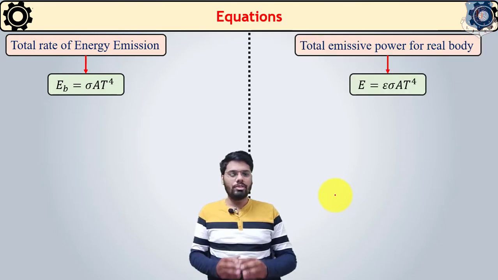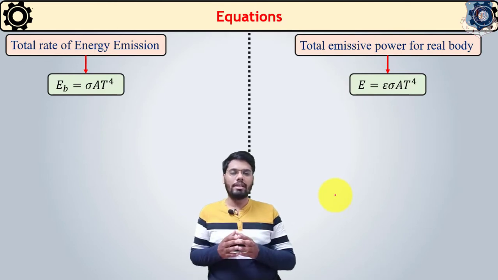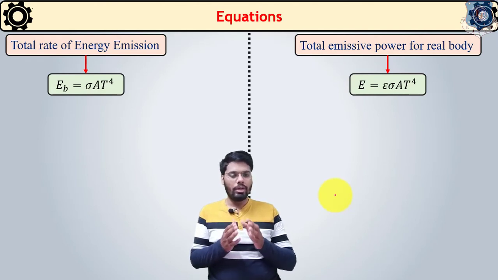The next equation is for the real body. Emissive power for the real body can be calculated using epsilon, which is emissivity, times sigma times area times T^4.